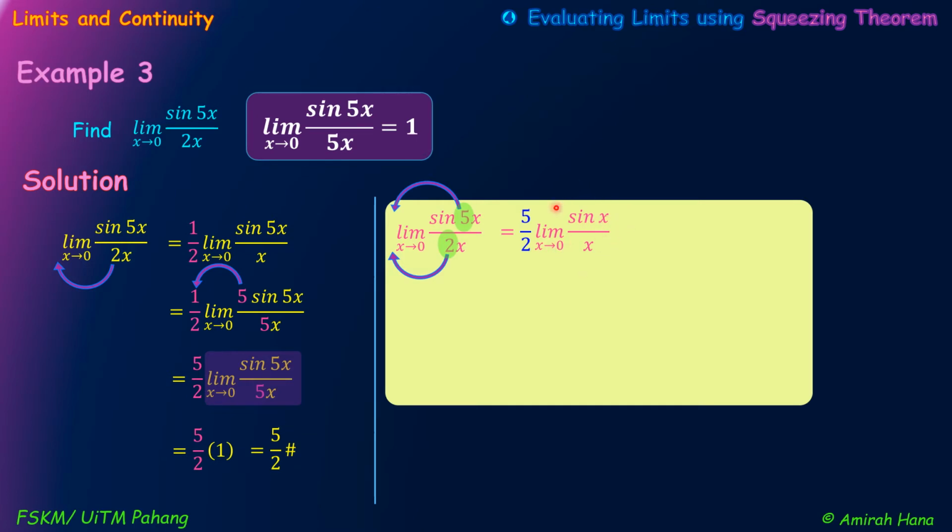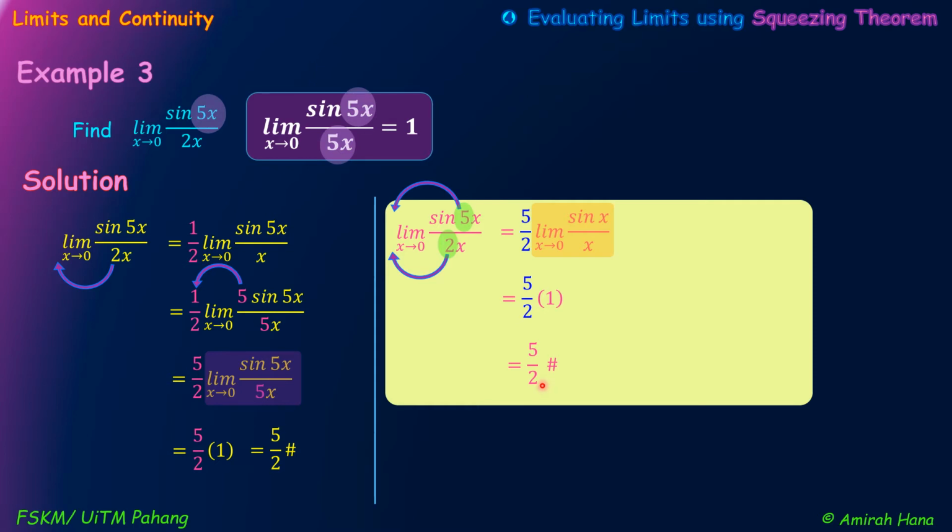Now the denominator is exactly equal to the angle of sine, so we can use squeezing theorem. We can write 5 over 2 times 1, and the final answer equals 5 over 2. We get the same answer.